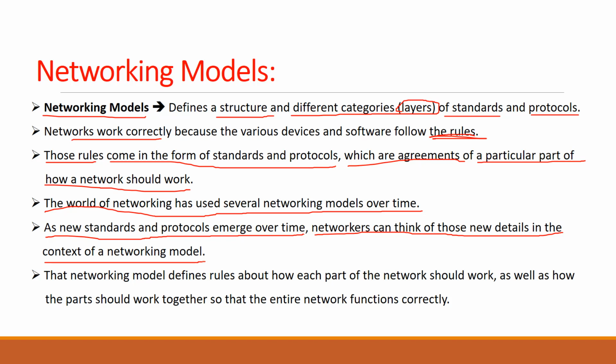A networking model collects all the standards and protocols that will be used in the communication process inside the network. That networking model defines rules about how each part of the network should work, as well as how the parts should work together so the entire network functions correctly.